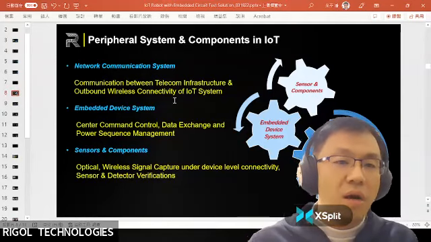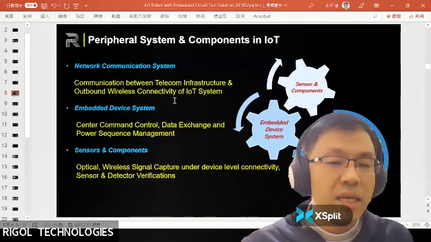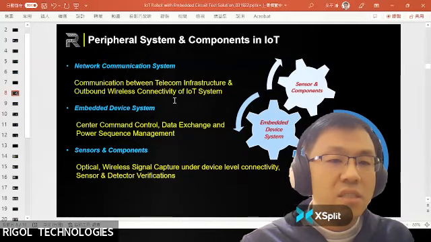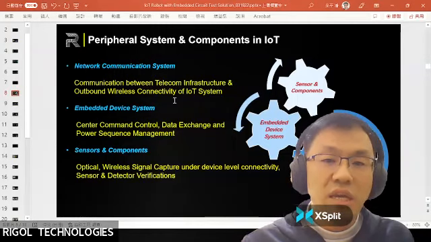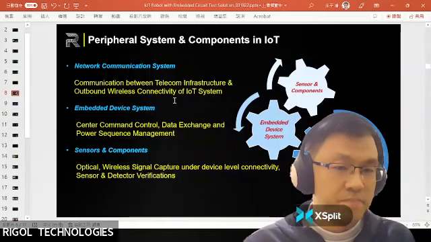And the second part is the embedded device system. That means it's the central unit controller part. This layer is the most important one, implementing the controlling actions and doing the data exchange and the power sequence management procedures.